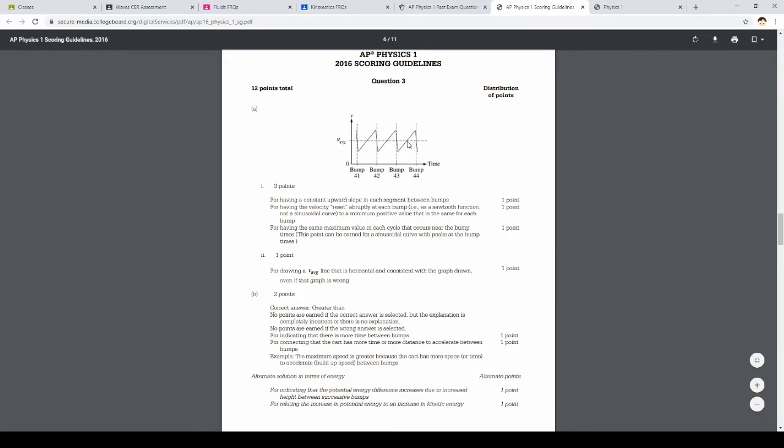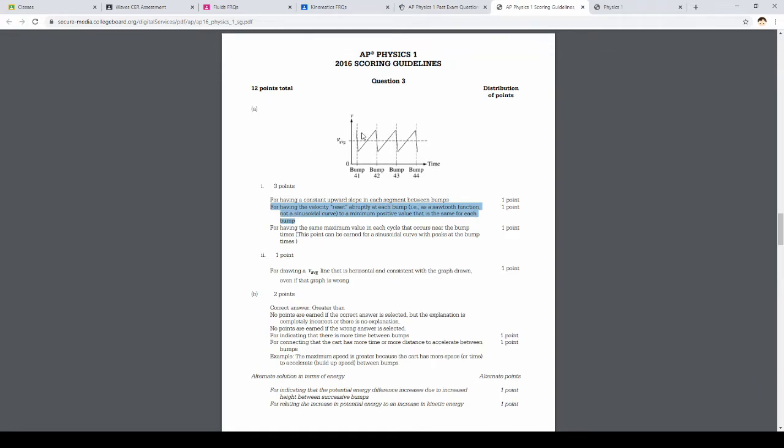We have this upward slope. And the second point is for having the velocity reset abruptly at each bump, so having the bump immediately decrease the velocity very quickly. And for having the same maximum value in each cycle that occurs near the bump.